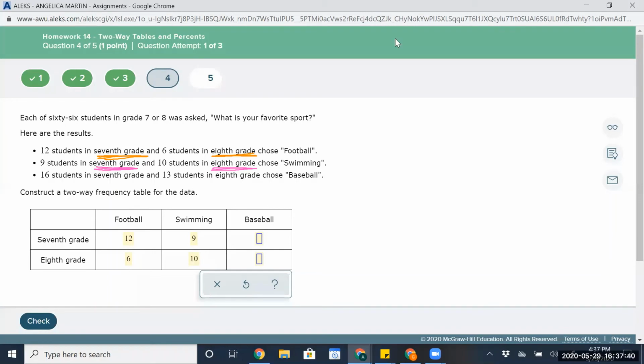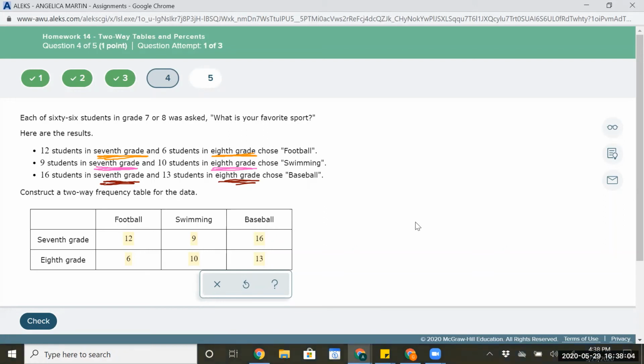And finally, 16 students in 7th grade and 13 students in 8th grade chose baseball. So typing those in. Baseball, we had 16 7th graders. Baseball, we had 13 8th graders. And that takes care of that.